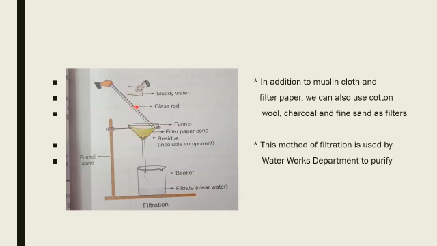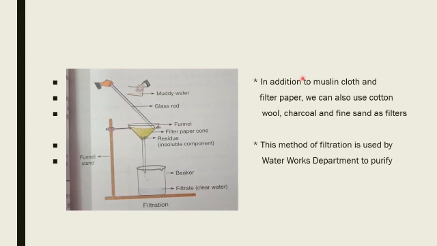So when it passes through this filter paper, the pure water gets collected here, and whatever impurities were present in this water get collected in this cone of filter paper, and this is known as residue, and this pure water is known as filtrate. So in this way, these two components, the residue and the filtrate, get separated by the process of filtration.